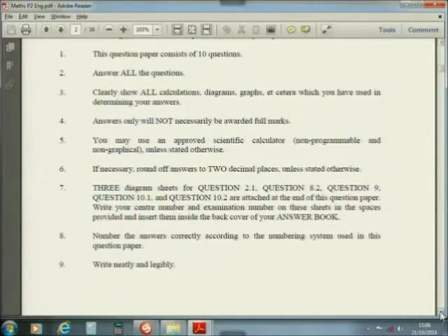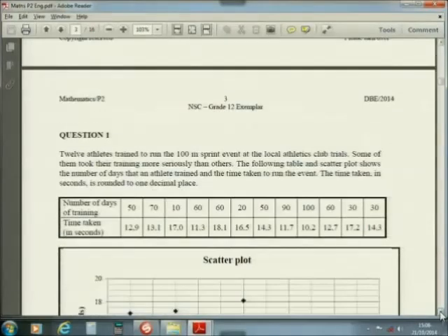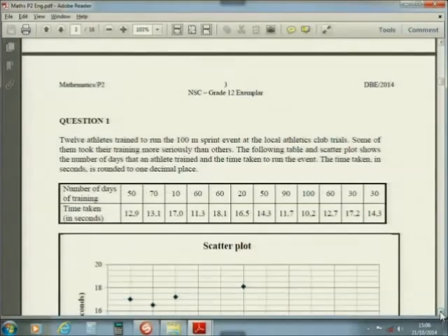I want you to take note of such instructions. Number the answers correctly according to the numbering system used in this question paper. So when you say Question 1, make sure you number your questions correctly so that you write the correct answer to the appropriate numbering.